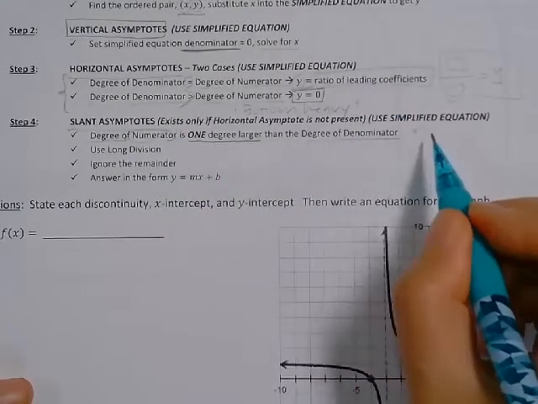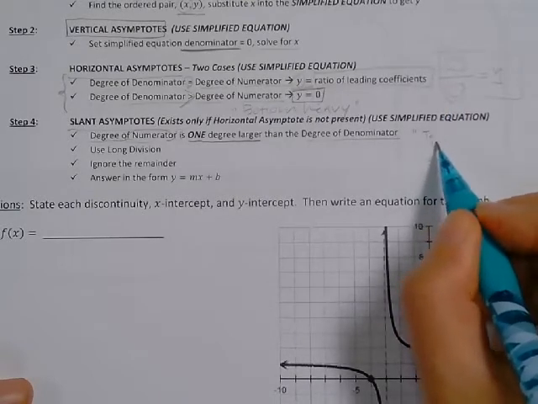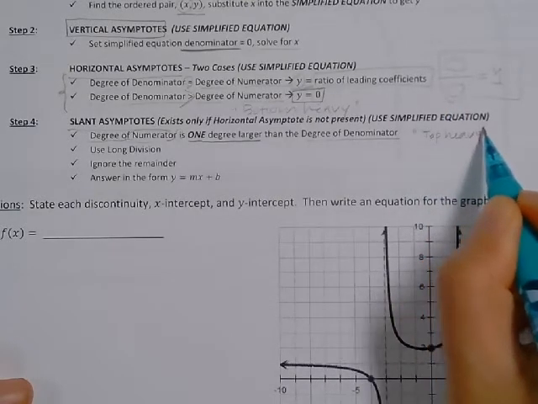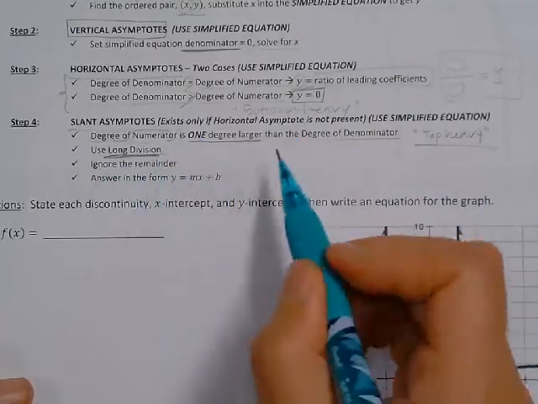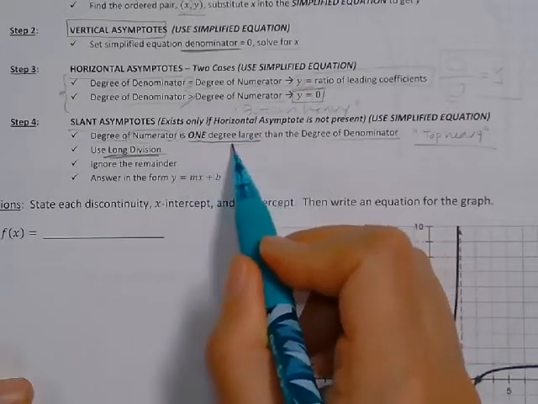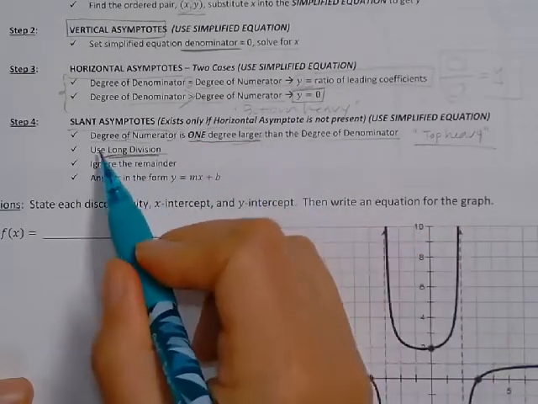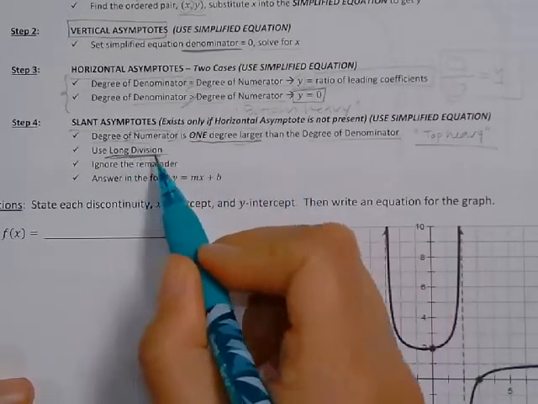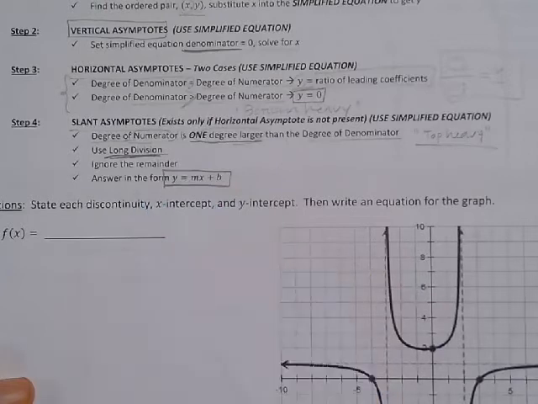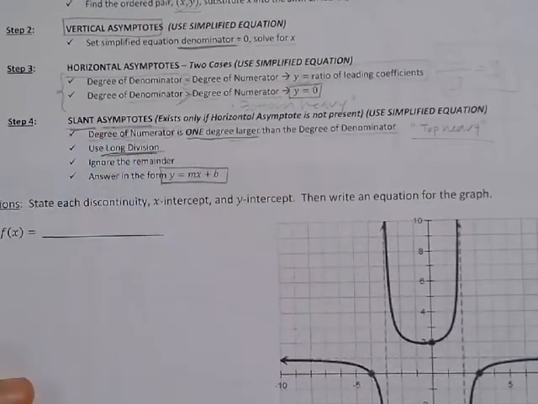This is the case that I usually refer to as top heavy. Then you will actually perform long division, the 1 degree larger top divided by the 1 degree less bottom, so that you can come up with the actual linear equation that indicates the slant asymptote.